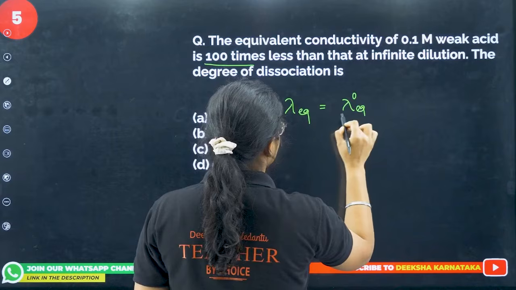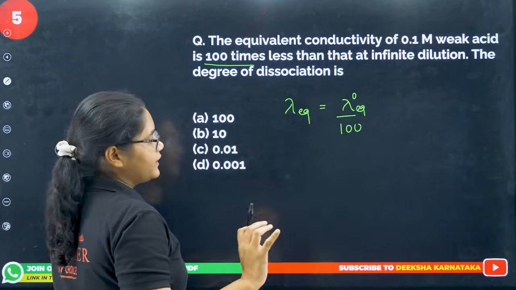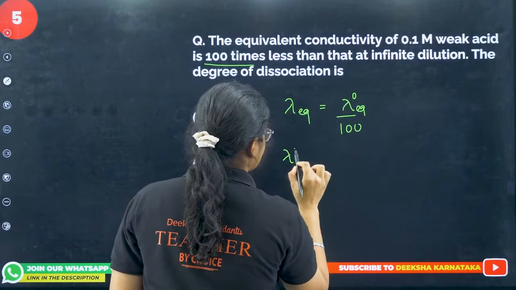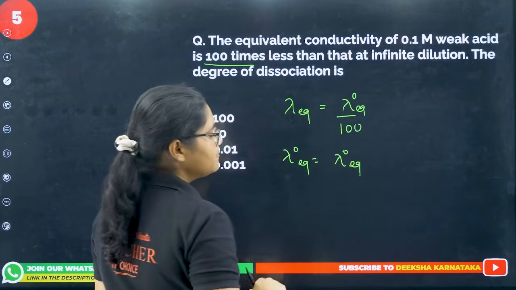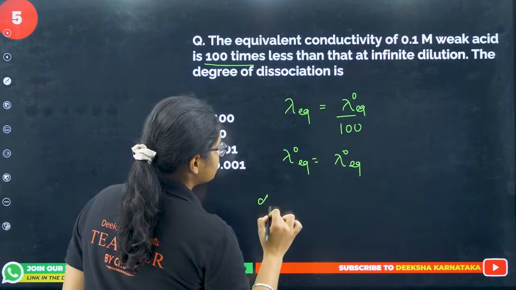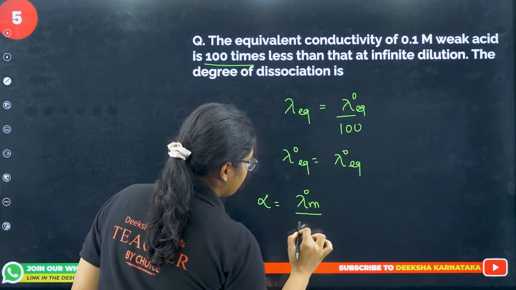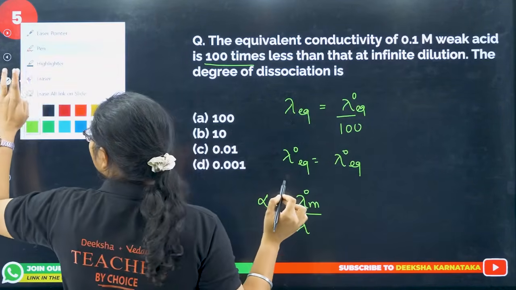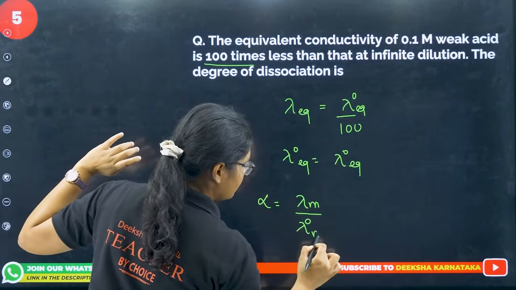So at infinite dilution we have this one. Lambda naught is at infinite dilution, so let that be equal to lambda naught equivalent. So we have this formula, dissociation is equal to what? Lambda m by lambda naught m.